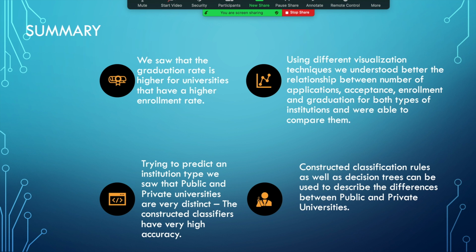What we were trying to do was predict whether the institution type, public or private, was distinct, and we found the constructed classifiers have a very high accuracy, and that classification rules as well as decision trees can be used to describe the differences between private and public universities.